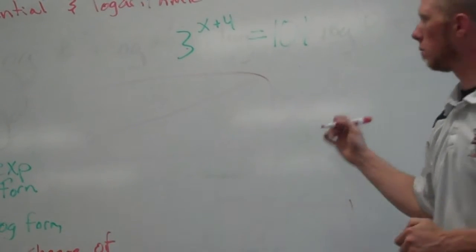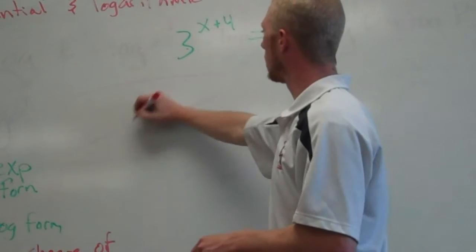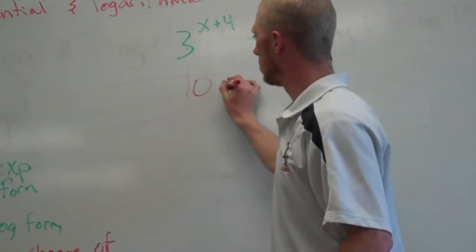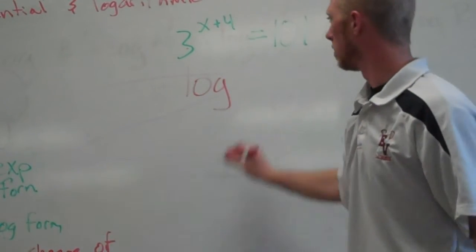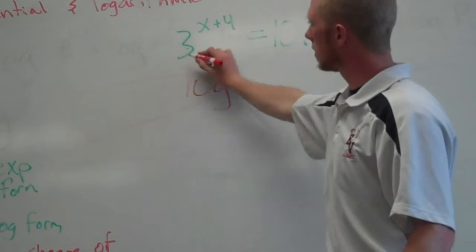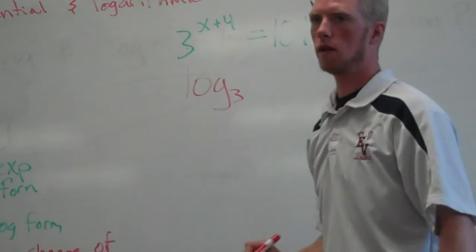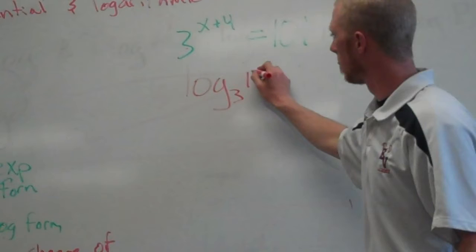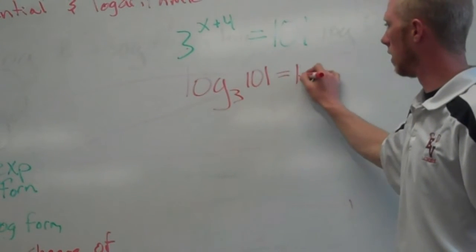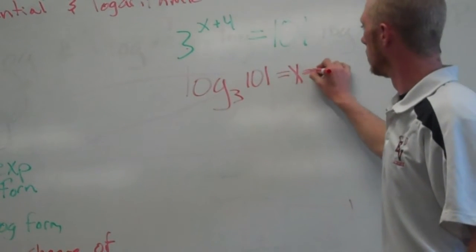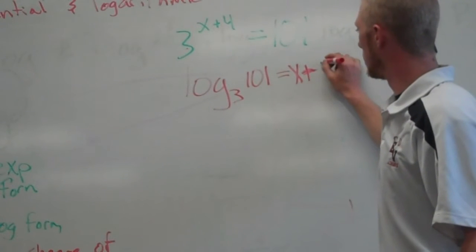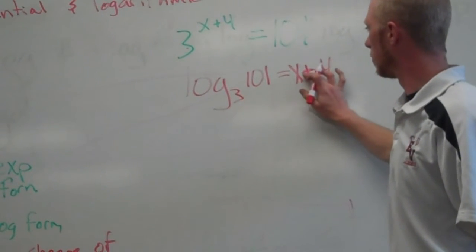So we can immediately write it in logarithmic form. The base of the exponent becomes the base of the log. So log base 3 of 101 equals the exponent, which is x plus 4.